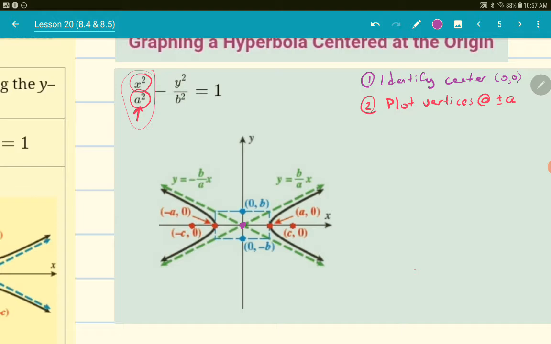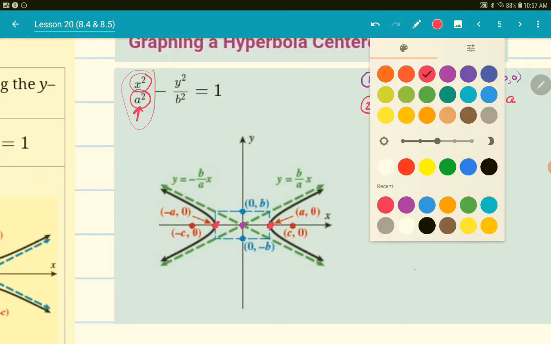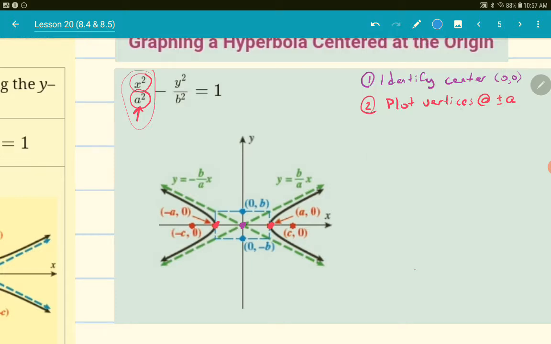Then I plot my vertices. So I got a here and then minus a there. And the next thing I want to do is actually draw that box. But to get that box, I have the width of that box when I plot the A's, but I still need the height.